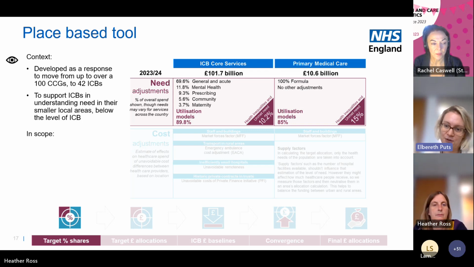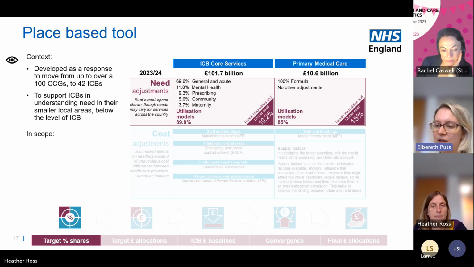So the aim of the tool is to support ICBs in understanding that diversity in need in the smaller areas within their system. And it does this by providing information on estimated relative need rather than giving figures in pounds.